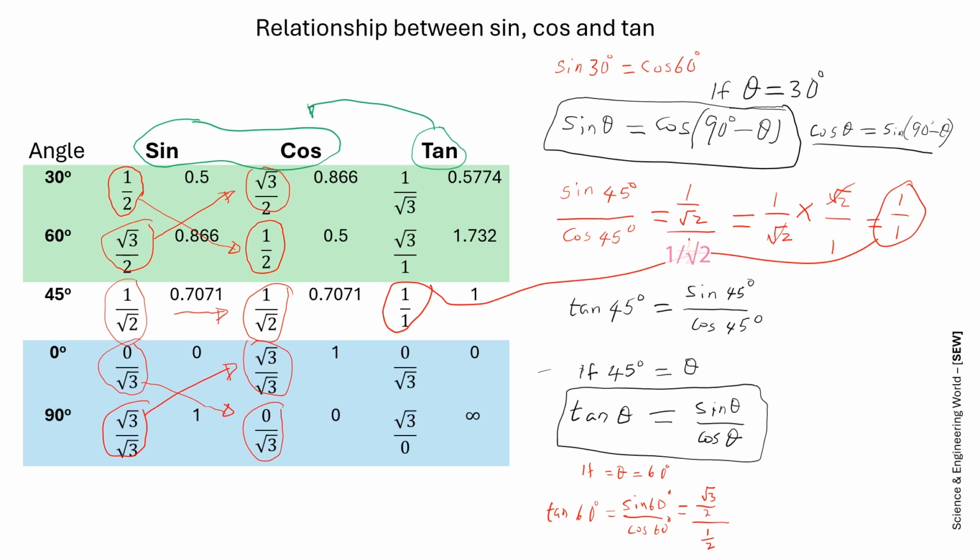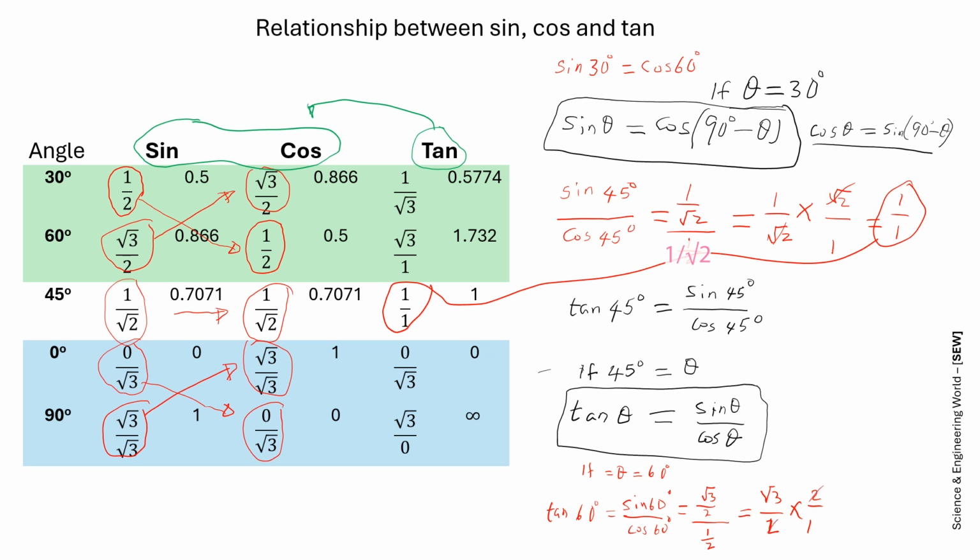If I now change the division sign to multiplication sign, I now have root 3 over 2 multiplied by 2 over 1, because we invert the denominator, and that 2 will take 2.